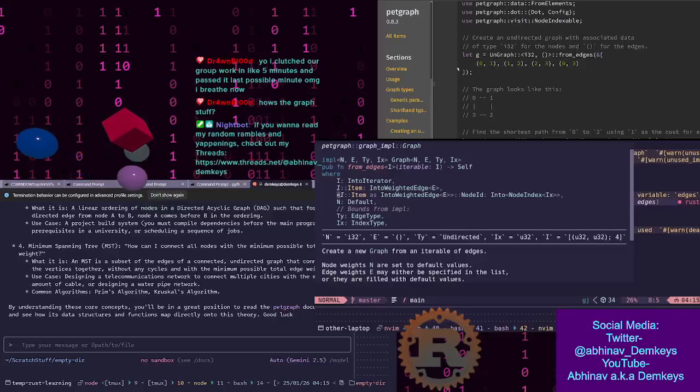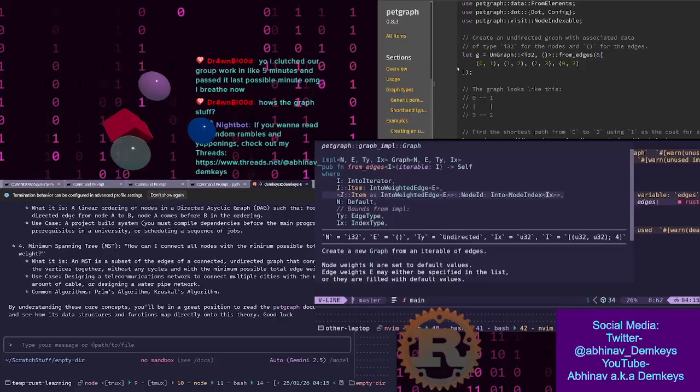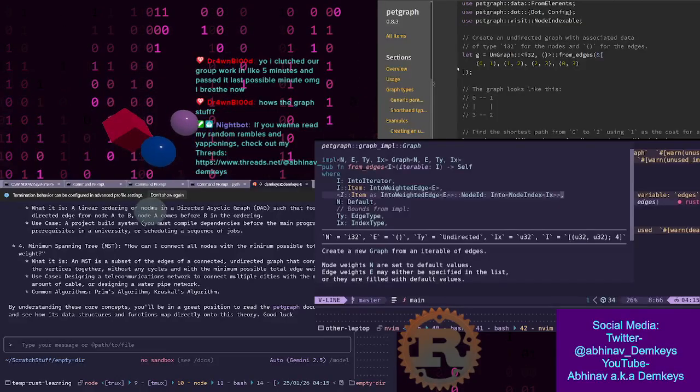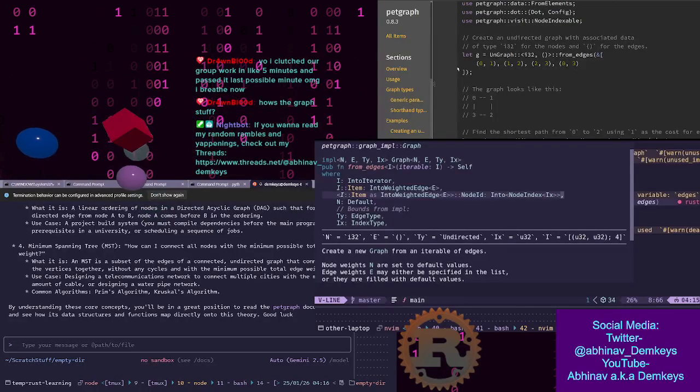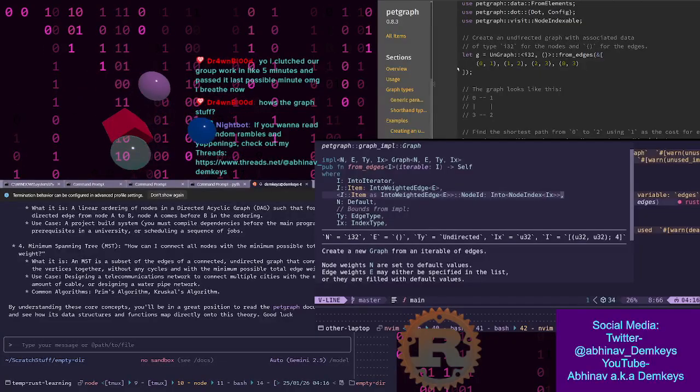What is this thing? What is this line? I need to pass this entire function signature into Gemini and get Gemini to explain it to me, because there's a whole lot of generic parameters and trait bounds going on here. I don't think any of them are, well, okay, hold on.